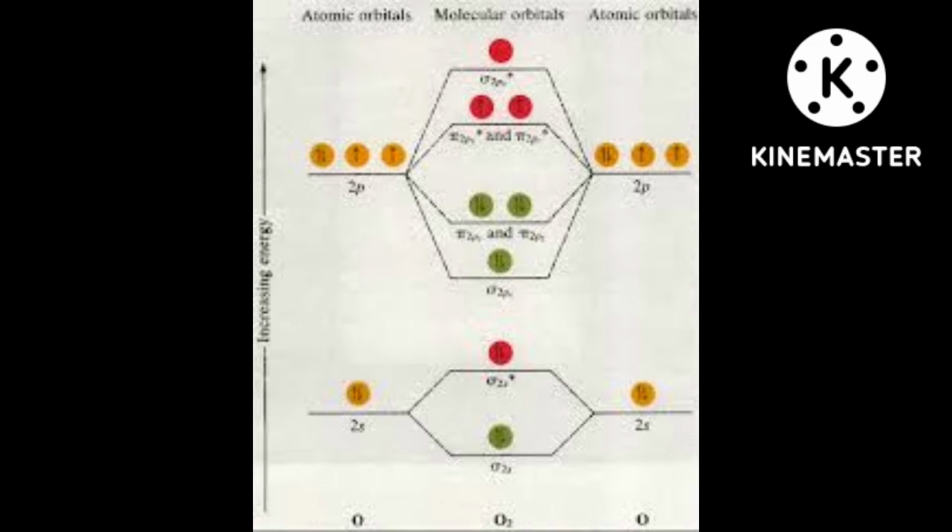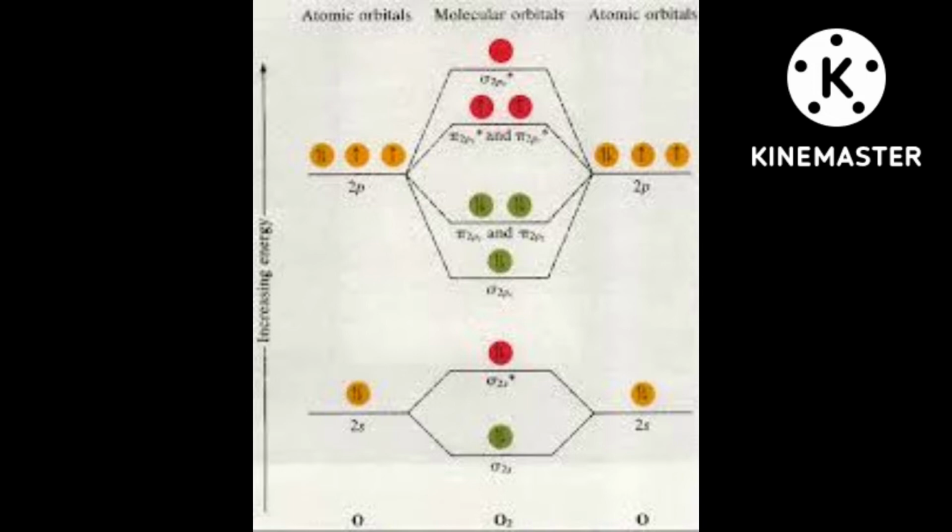Second, the combining atomic orbitals must have the same symmetry about the molecular axis. Symmetry means just like a structure. By convention, the Z axis is taken as the molecular axis, it is preferable.